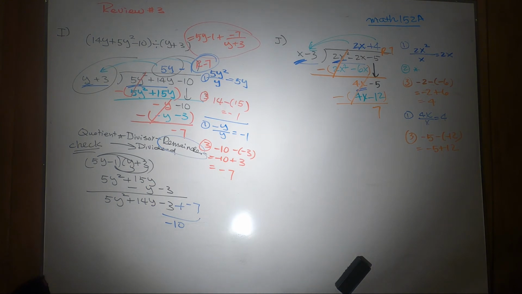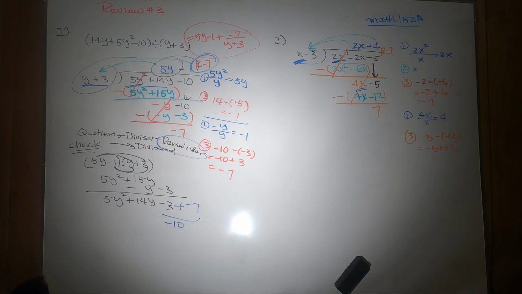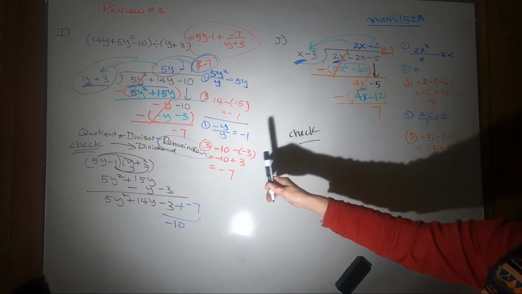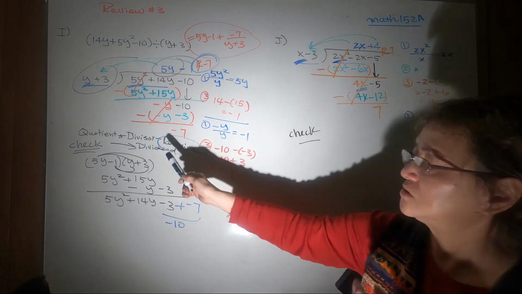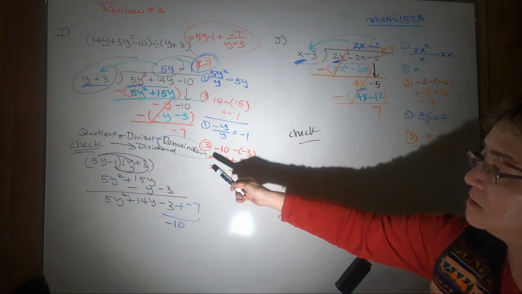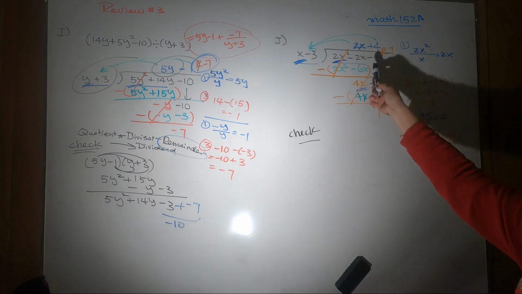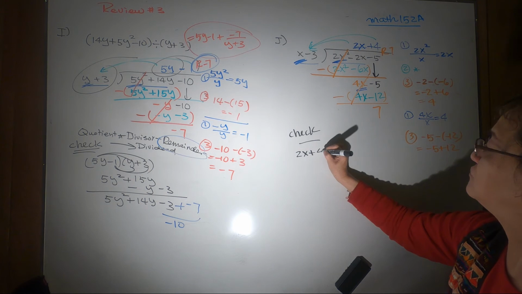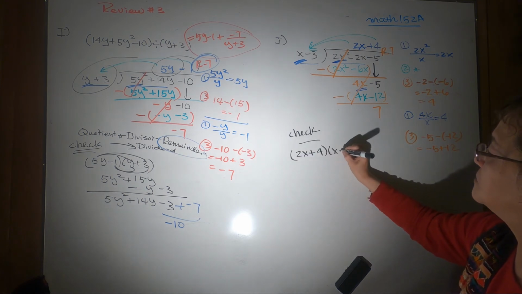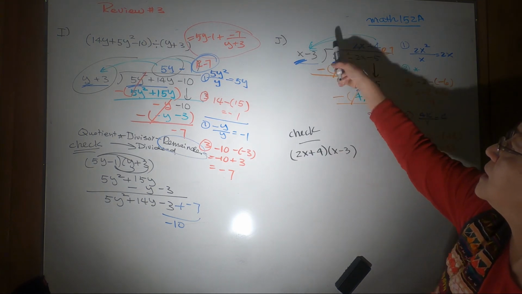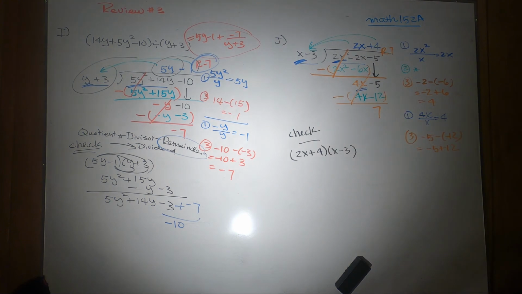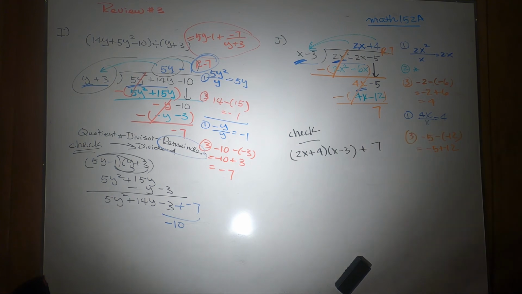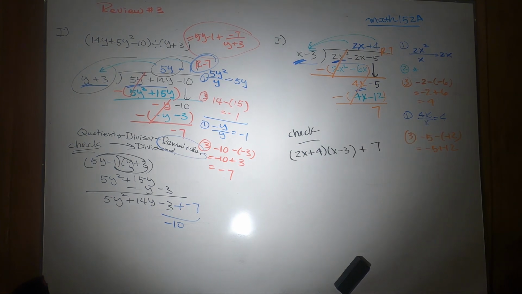How do you know you are doing right? You need to check. By what? Quotient times divisor plus your remainder, you should get back to where? Dividend, right? So you will have 2x plus 4 times x minus 3, right? Quotient times the divisor, then you plus your remainder, see you can get back.